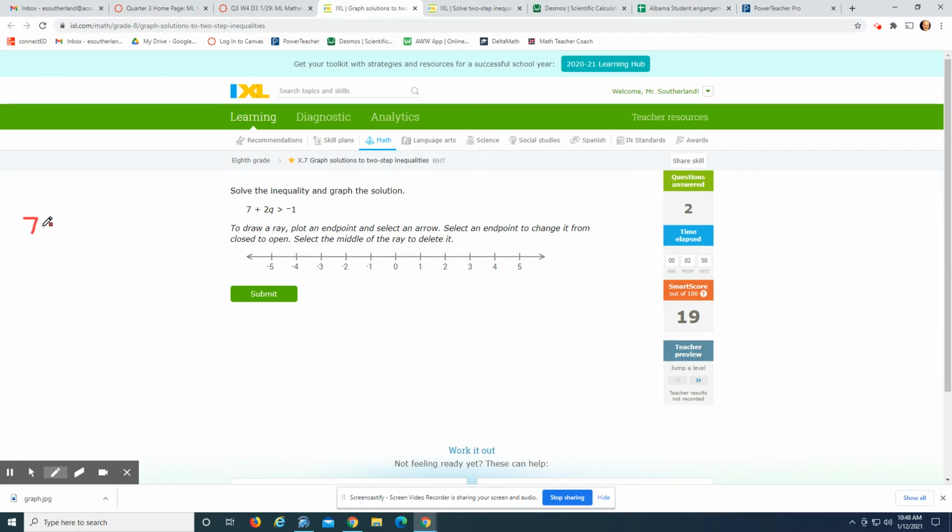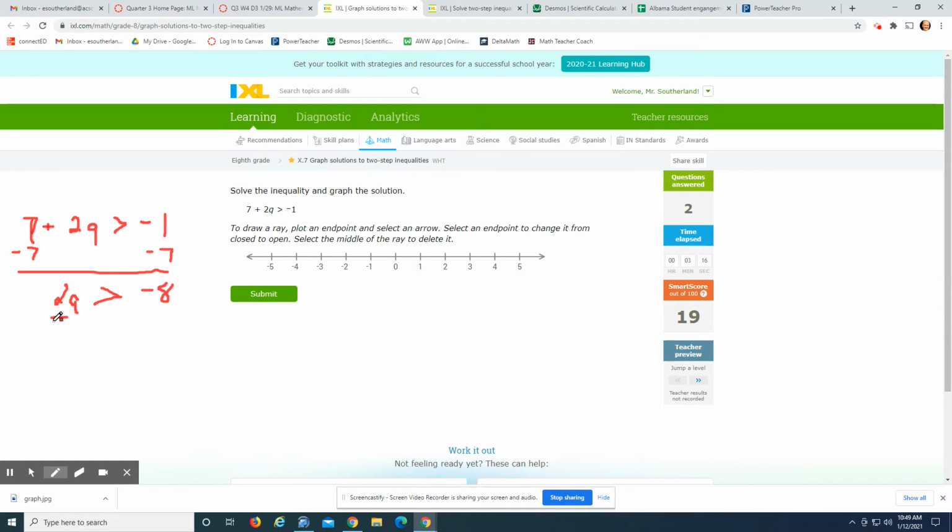So 7 plus 2q is greater than negative 1. We're going to subtract 7 on both sides. And the 7's will cancel. 2q comes down. The sign stays the same. Negative 1 minus negative 7 is negative 8.